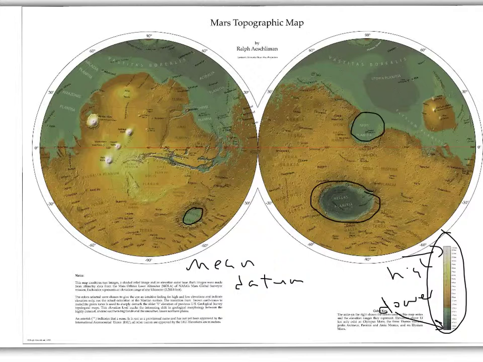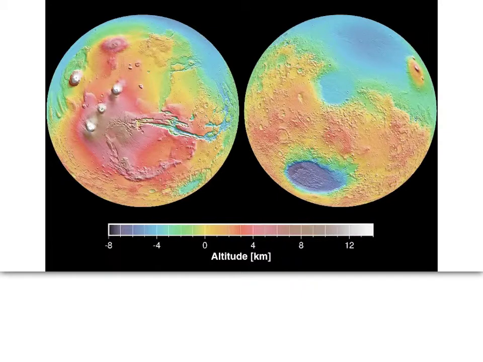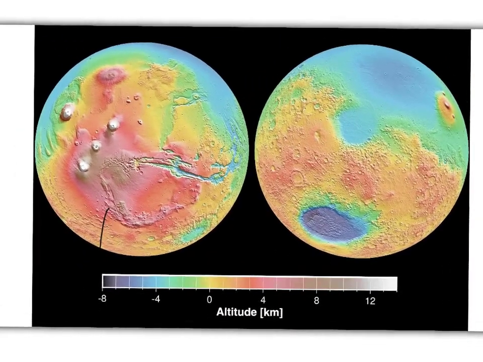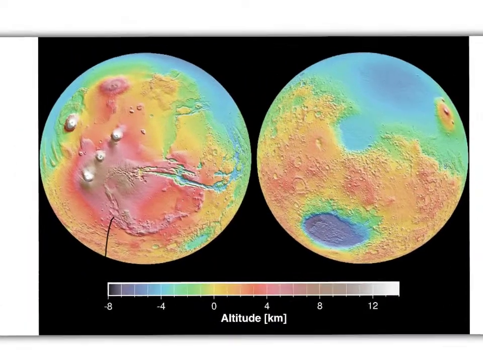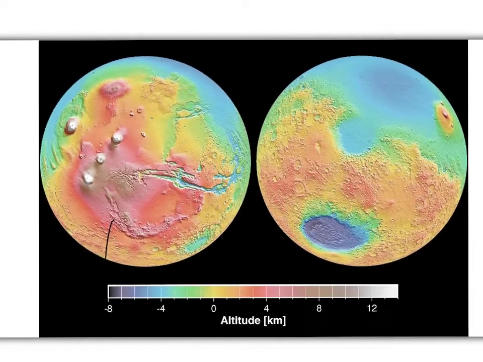And then one final map. You'll see a lot of this psychedelic color scheme of data.